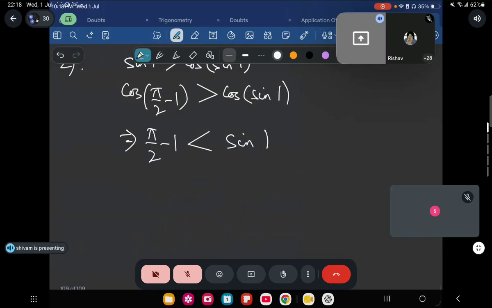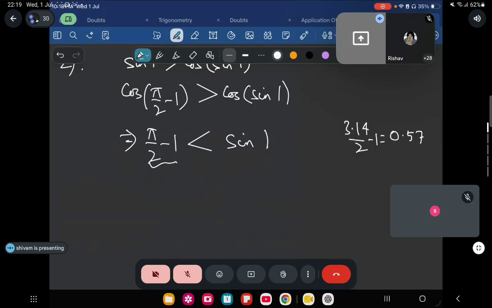Let us interpret the value on the left hand side. Pi is 3.14, by 2 is 1.57, minus 1. This is 0.57 something, right? Are you getting it? This is 0.57.